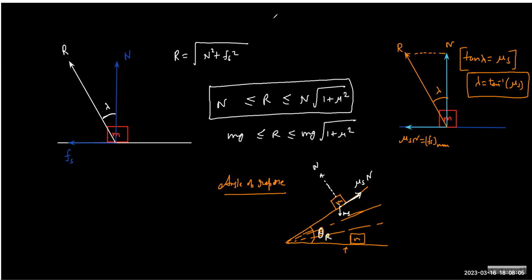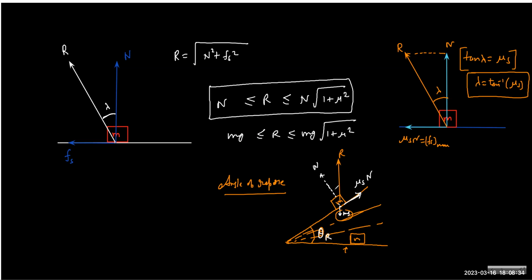So the surface contact force throughout this rotation will always be this way, because you have to balance mg only. So the surface will apply force to balance the net force, which is mg only. The N and mu s N are components, it's just one force R. So no matter which angle you turn, it is always this way, and that's why it is so interesting.